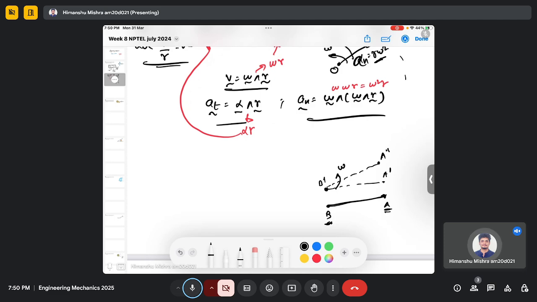First there is a translation from A B to A dash B dash. Then there is a rotational motion about a fixed point B dash, such that my A dash is now rotated to A double dash. So this is my r of A relative to B, and this is my delta r B and delta r A. So you can see that my displacement vector r A first equals the displacement vector of r B, because both have the same displacement.